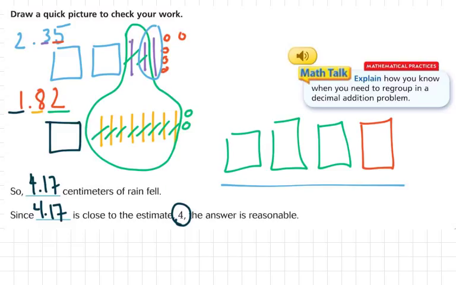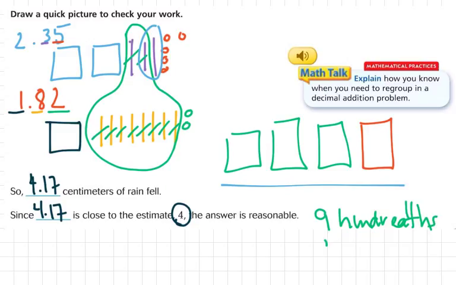So over here we have this math talk which says, explain how you know when you need to regroup in a decimal addition problem. Remember, these tenths here represent dimes. Once you get 10 dimes, you could trade it in for $1. So you could say that I know that we need to regroup when I have more than 9 hundredths or 9 tenths.